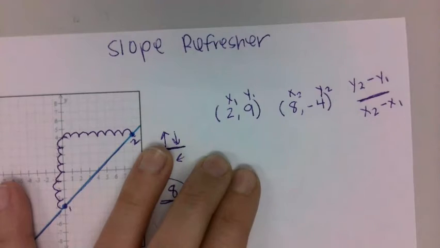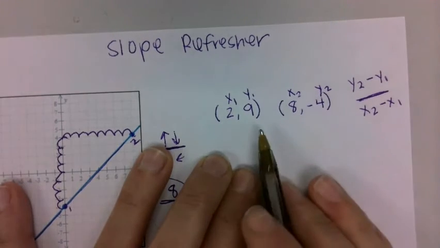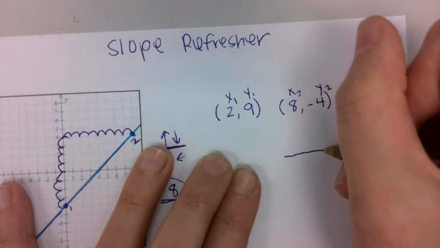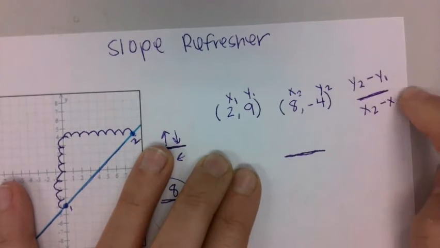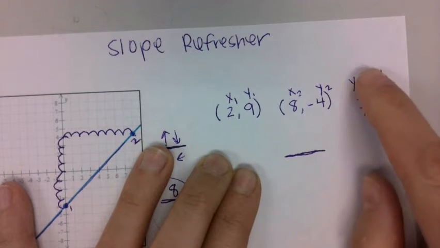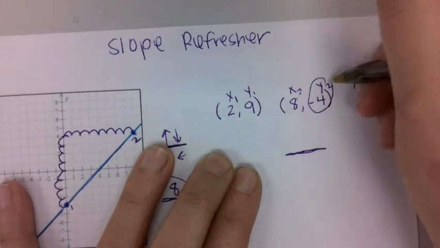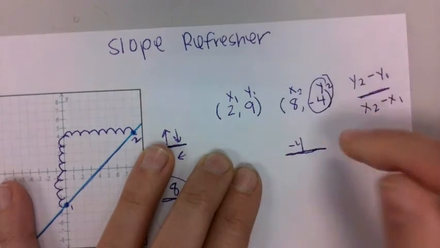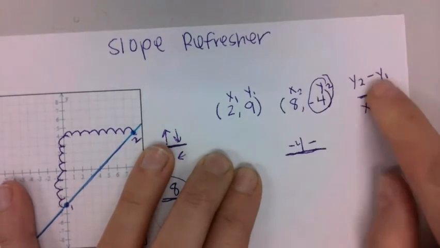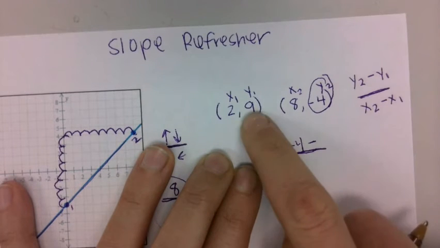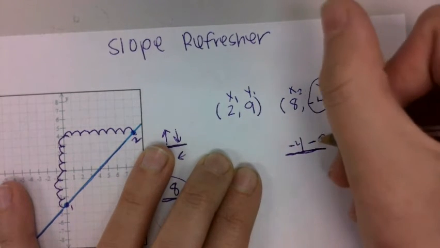And then from here, what I'm going to do is use my formula and simplify. So I'm going to make my formula fraction bar, and then on the top of the fraction it says y2 minus y1. So y2 is -4, so -4. I'm going to make my minus sign for my equation, and then minus y1. So y1 matches with the 9.